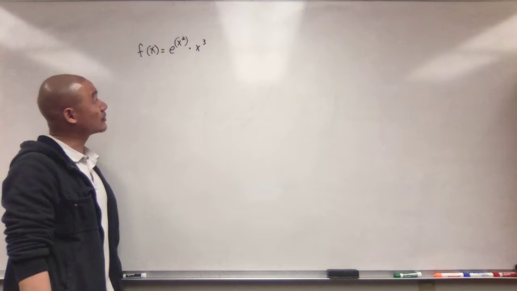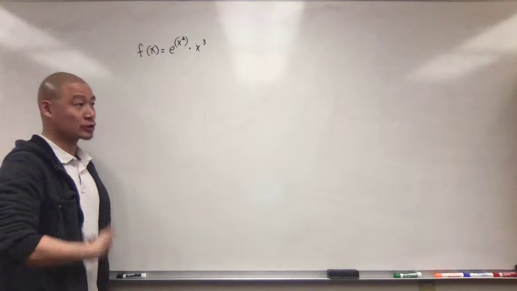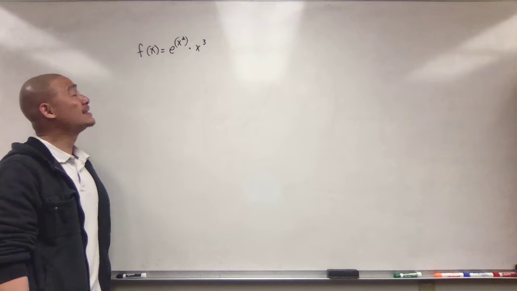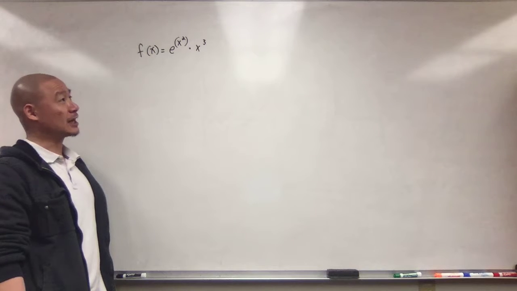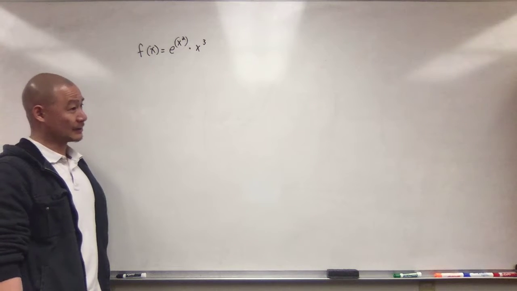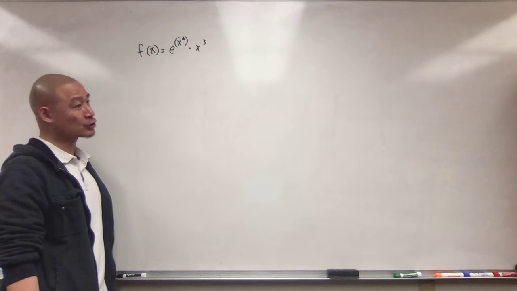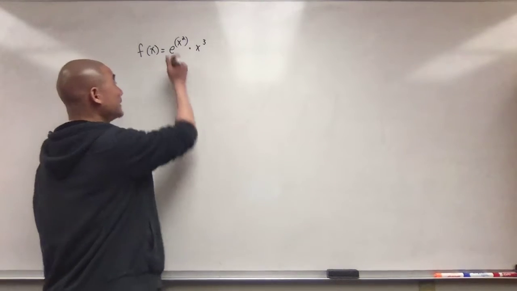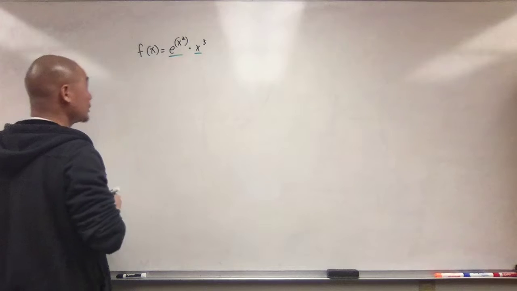So I say, okay, can I express this as a product, quotient, or composition of functions? It is technically possible to express this thing as a composition or a quotient, but it's not really very natural. The most natural structure seems to be that this function is a product of these two functions.